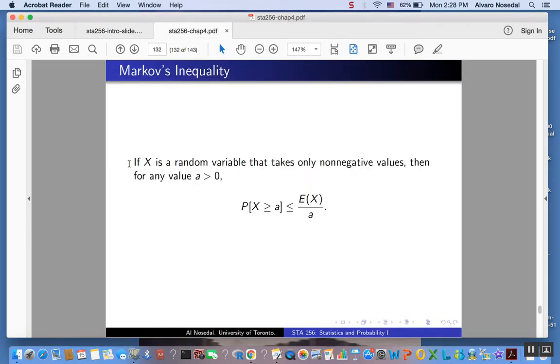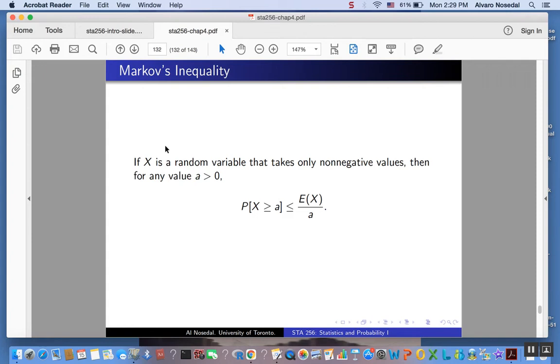So let me show you the statement of Markov's inequality. Let's see what the conditions are so that the inequality holds. If X is a random variable that takes only non-negative values, let's think for a second of an example of such a random variable.